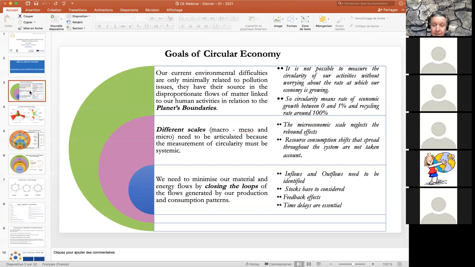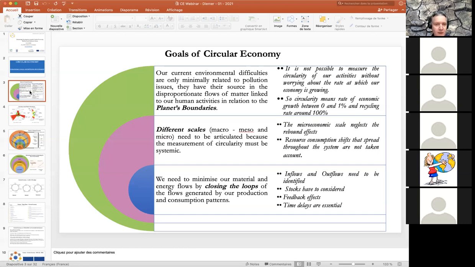The last one is the time delays. Maybe it's a hard one. Time delays means, at the micro level and at the global level, try to understand what the consequences are when you do something, and what the time delay is that you're going to measure.